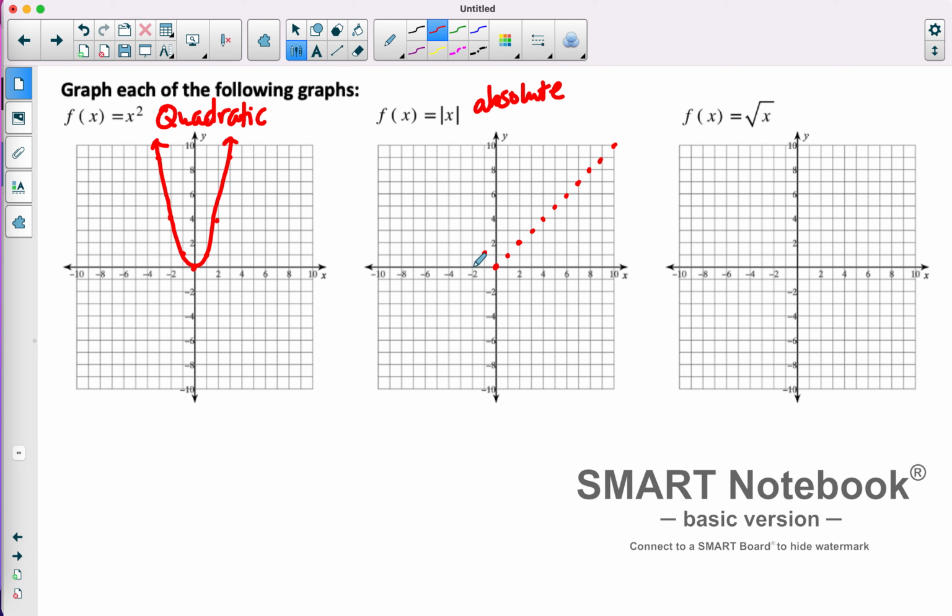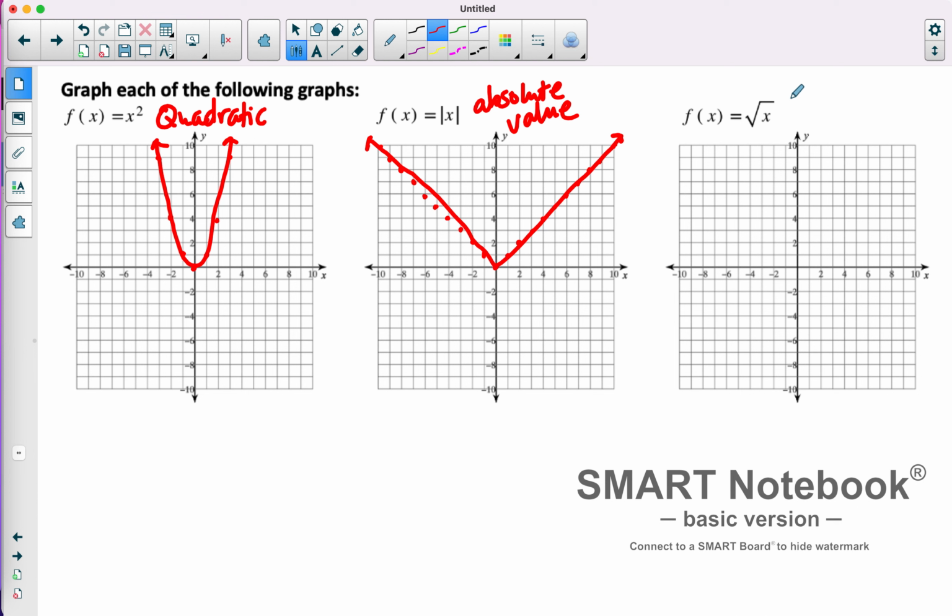The absolute value of negative 2 is positive 2. And we created the other linear section of this absolute value function. And so it just looks like a V shape. So that's the absolute value.